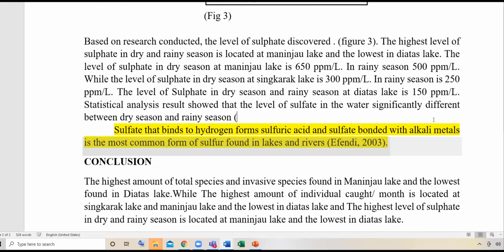So that's a kind of statistical judgment. This is an example of a statement of statistical judgment.